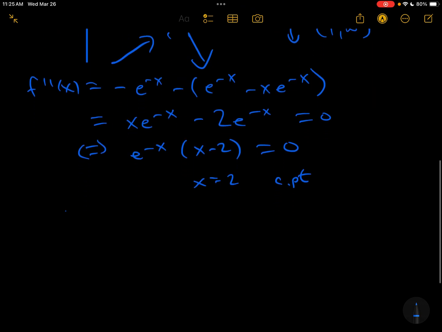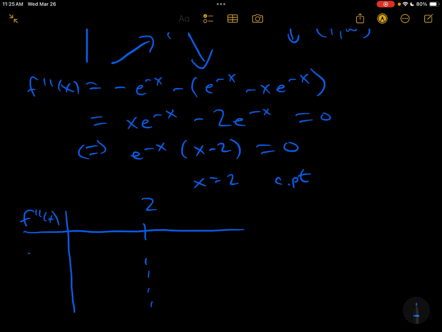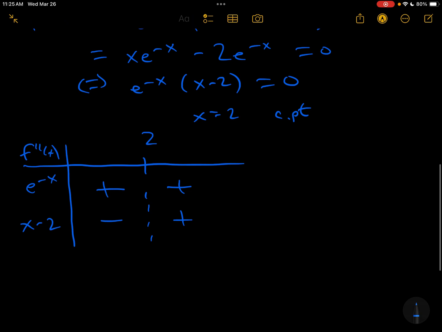Okay, so now we do a second derivative test. I got 2 there. We plug in e to the minus x, that's positive everywhere. We plug in x minus 2, it's negative there and positive there. So concave down and concave up.